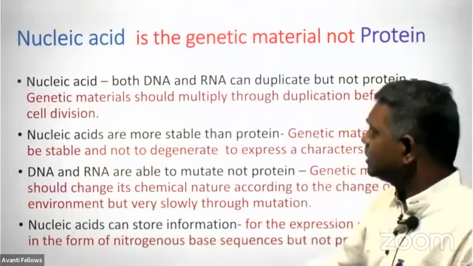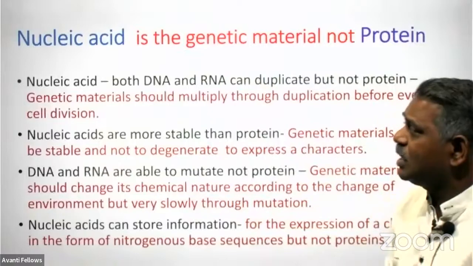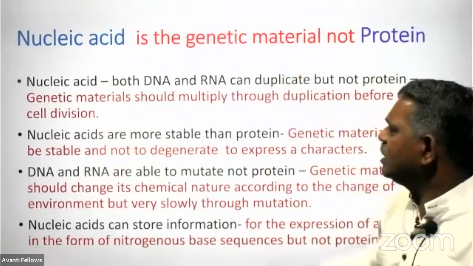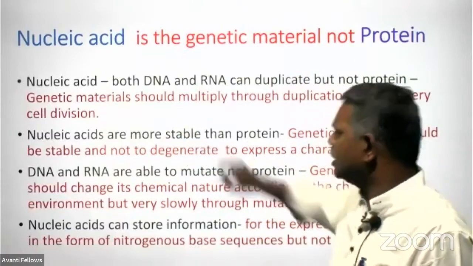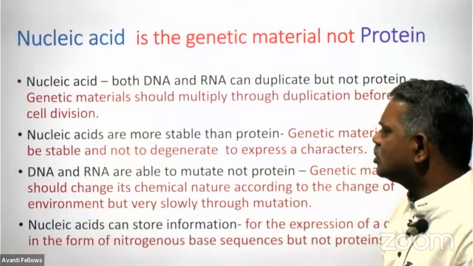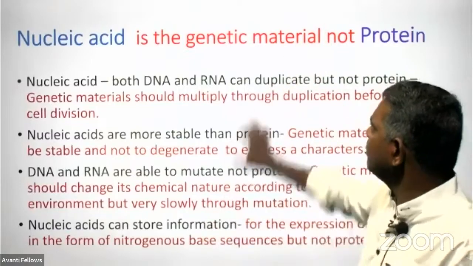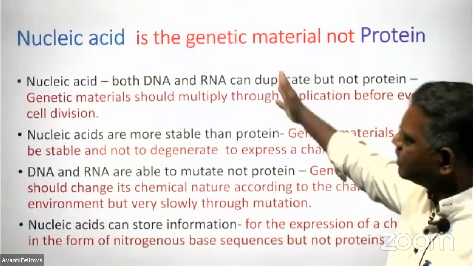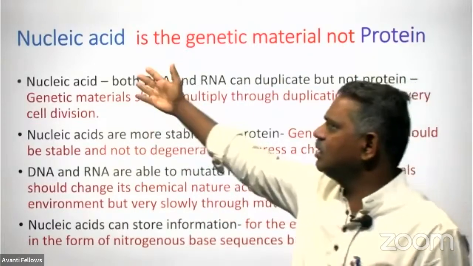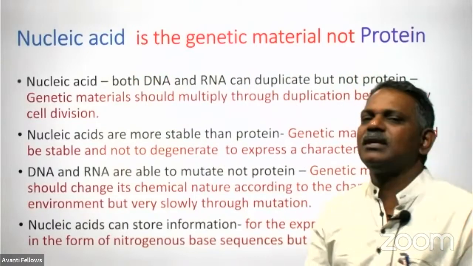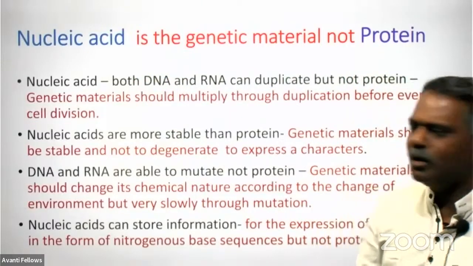These are the characteristic features of the genetic material. The genetic material should duplicate, should be stable, should go for mutation very slowly, and should store the information. These characters can be satisfied only in the nucleic acid, not the protein. That is why nucleic acid is considered the genetic material, not protein.